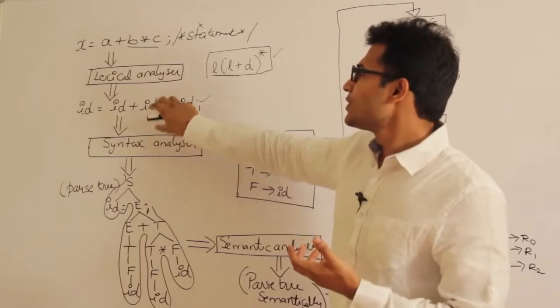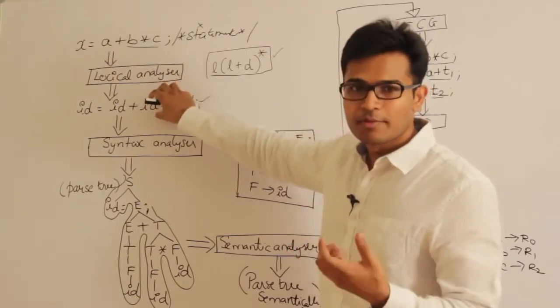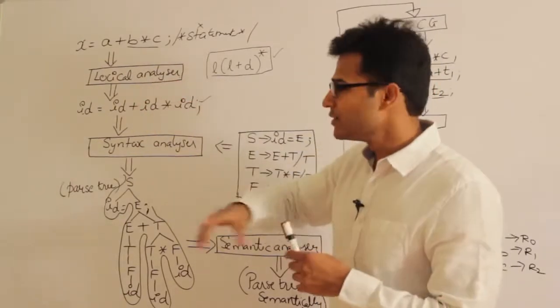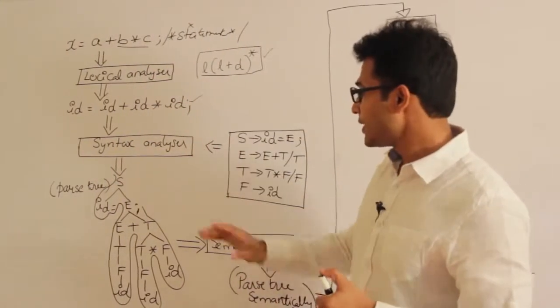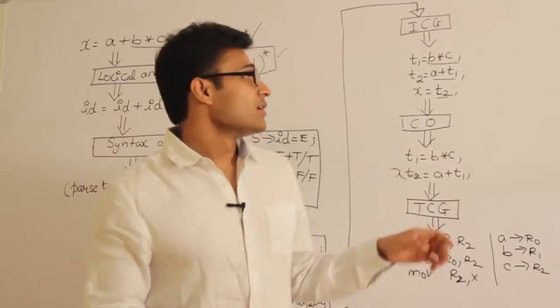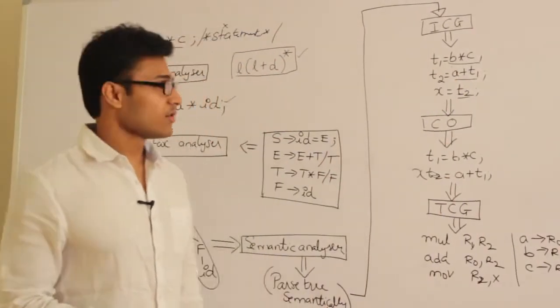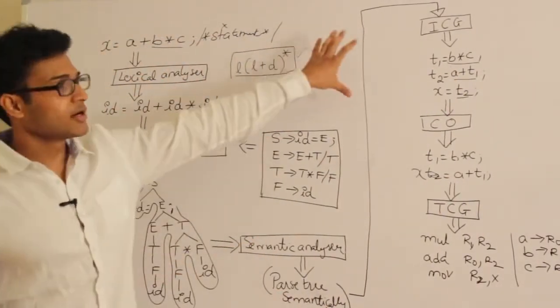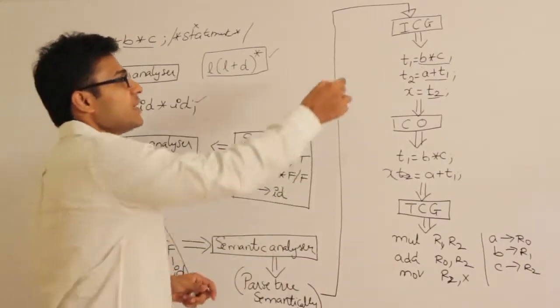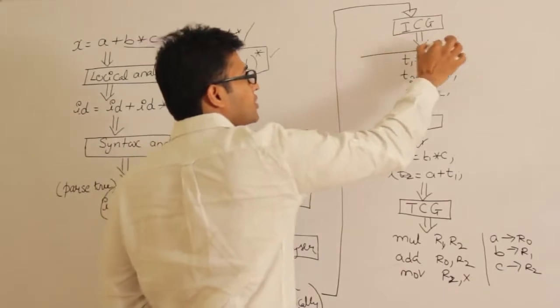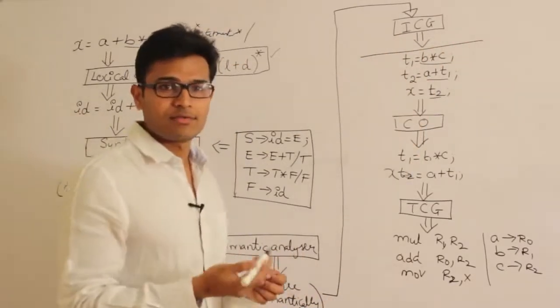When you implement it, you are not going to implement lexical analysis separately. In the same module, you are going to implement the lexical analyzer, the semantic analyzer, and even the intermediate code generator. Therefore, this entire part is implemented together, which is also called the front end. So till the intermediate code generator phase, it is called the front end.